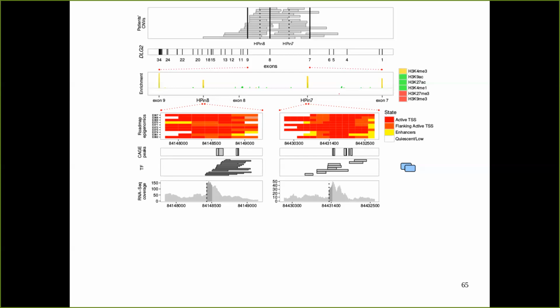What you see here is the coverage from the RNA-seq file downloaded from ENCODE. Now, the vertical dotted line represents the splice site, while the darker region represents the protein match by blasting the region to SwissProt.